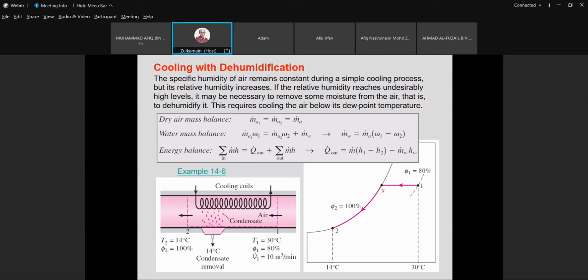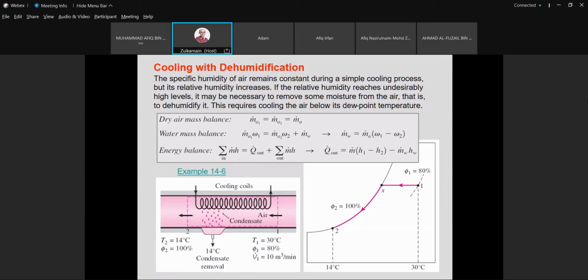Let's say the air coming into the aircon duct is at state 1, which is at 30 degrees C, relative humidity 80%, and the volumetric flow rate is 10 meter cube per minute.